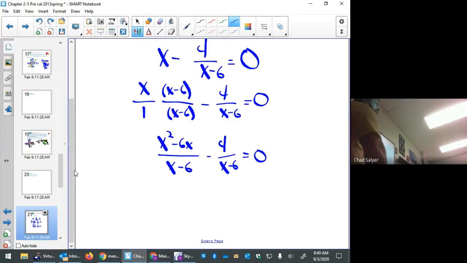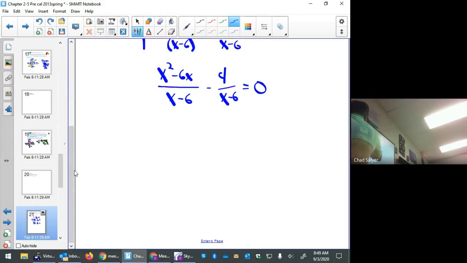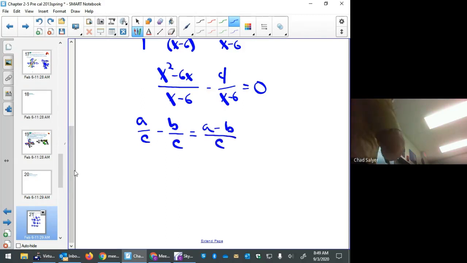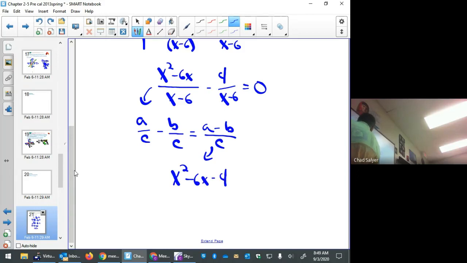Now you see I have that common denominator. And so because a over c minus b over c equals a minus b over c, we can combine fractions in this way. So I'm going to use this to rewrite that left side into x squared minus 6x minus 4 over x minus 6 equals 0.